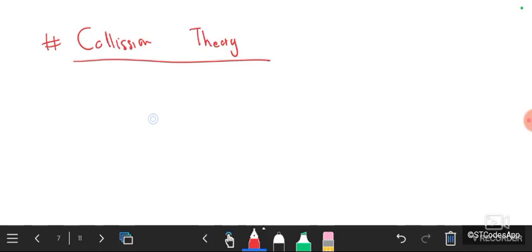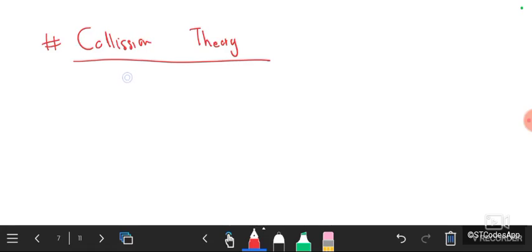Now, you must understand that in order for a chemical reaction to occur between atoms or whatever is reacting, they must collide. That is basically the word collision. It's all about colliding, right? Because not all things that you mix will react.